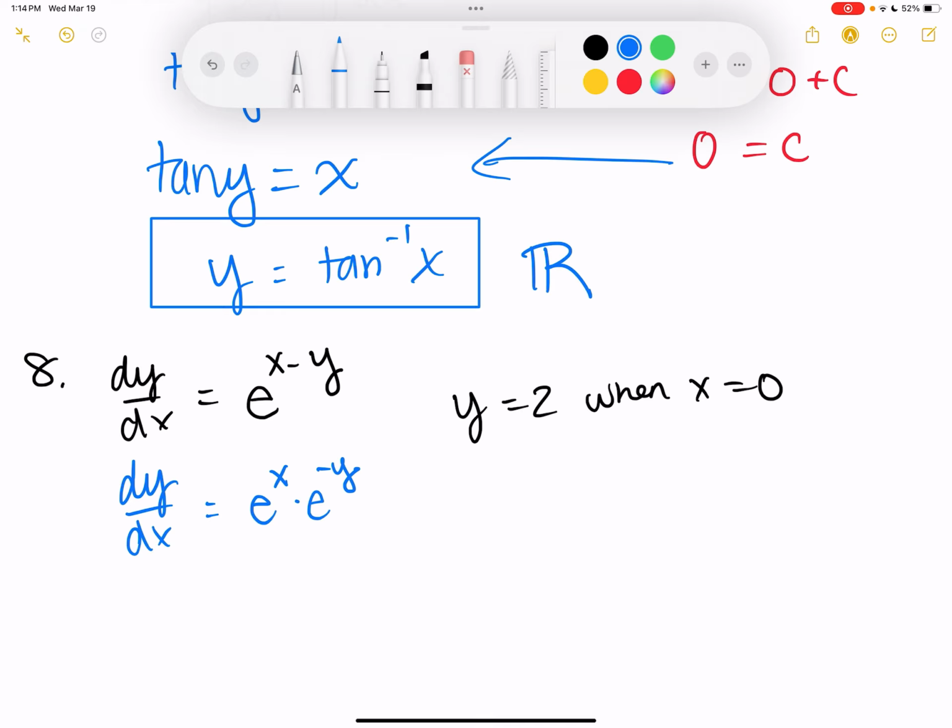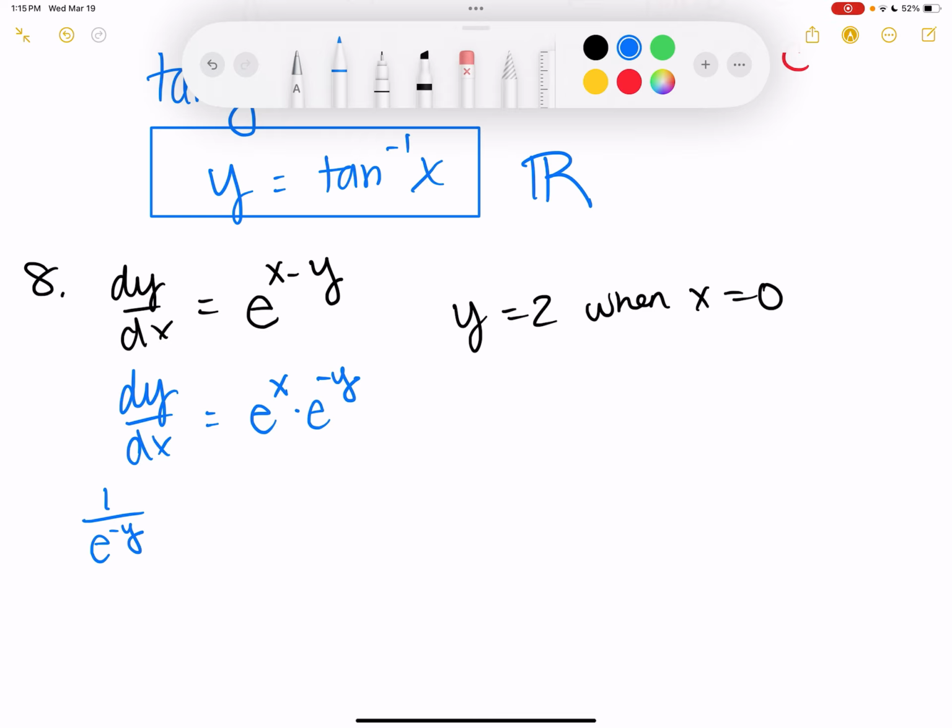It would be 1 over e to the x. Wait, no. e to the negative 1 over e to the negative y. Oh wait, but would that become just y?